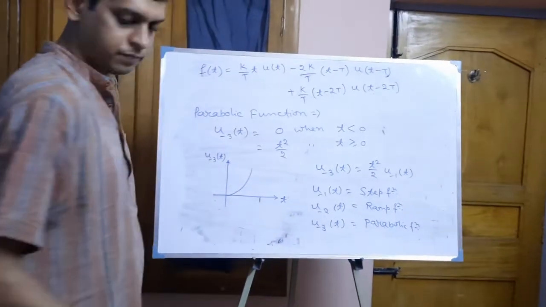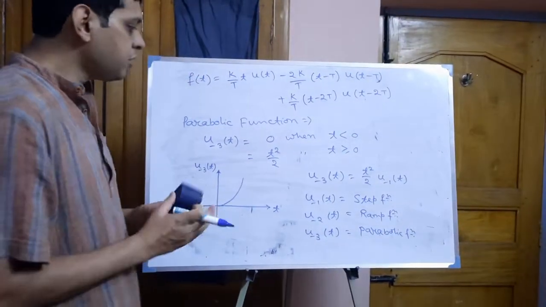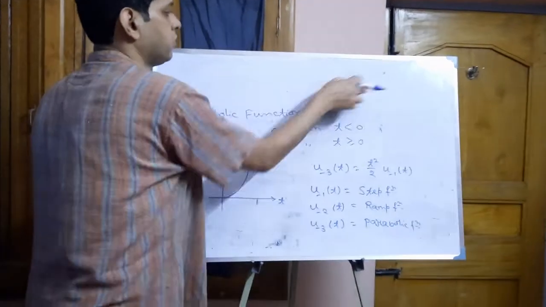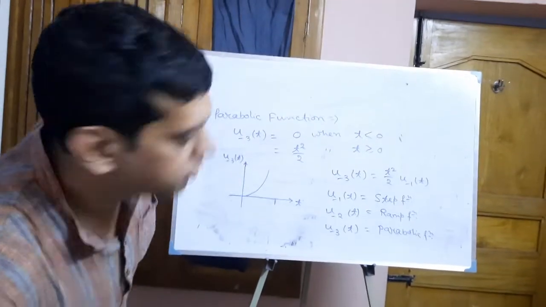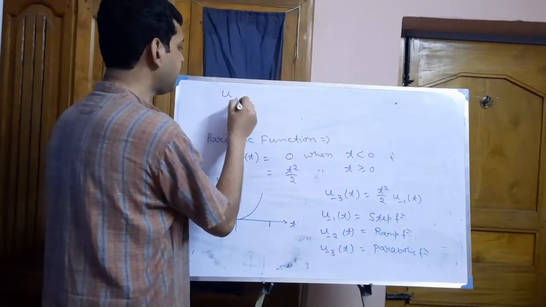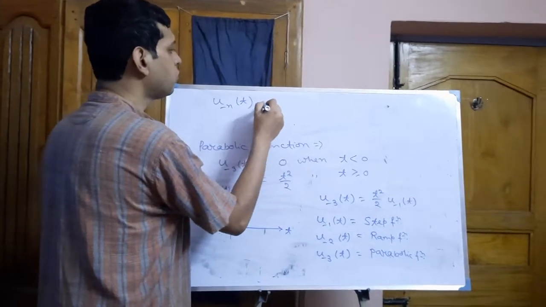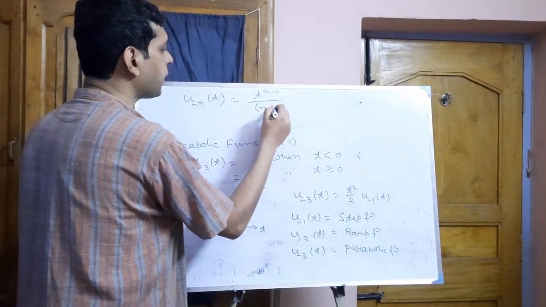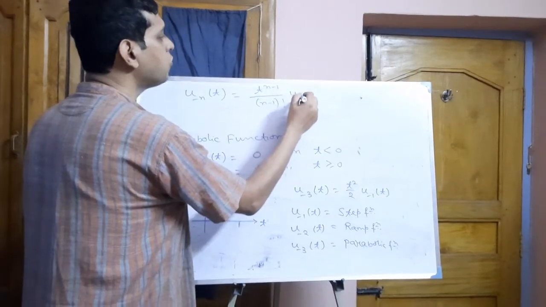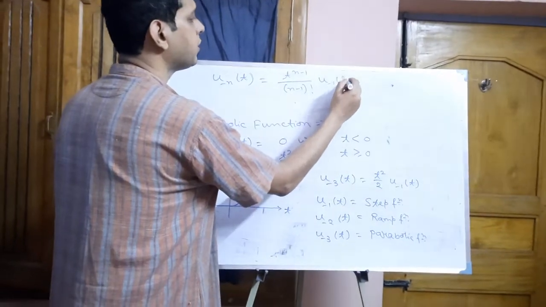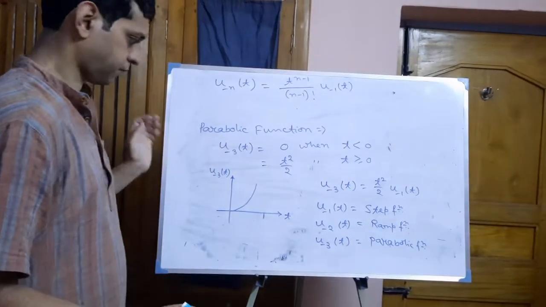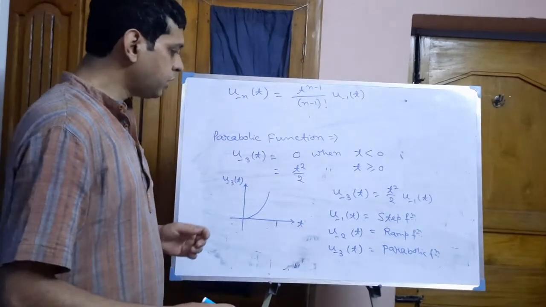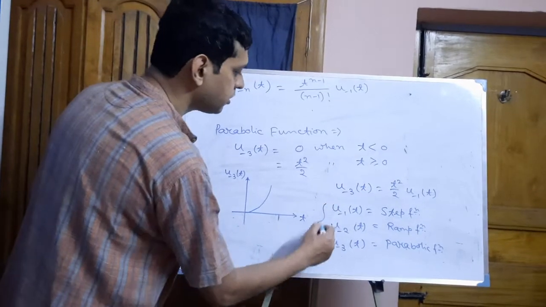Okay, now in general u minus n (t) equal to t to the power n minus 1 by (n minus 1) factorial u minus 1 (t). Okay, now there is another very important property of these three.